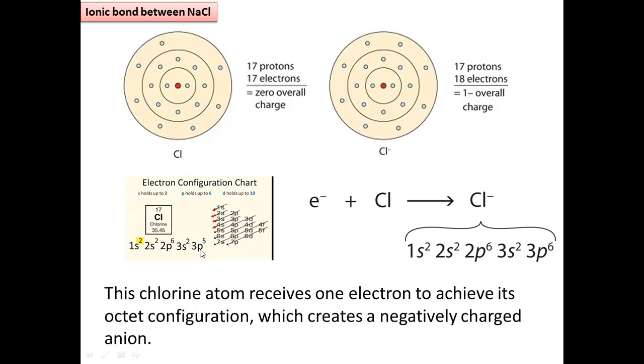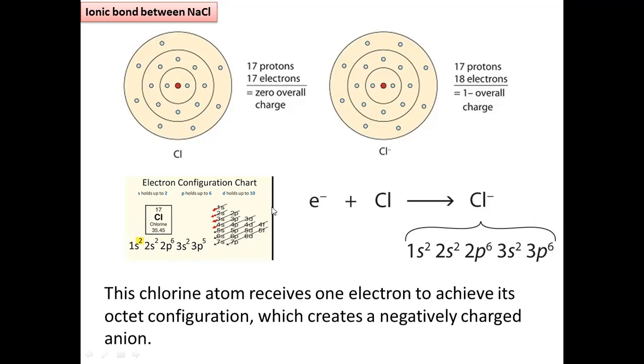Similarly, you can fill the electronic configuration: 1s, 2s, then 2p, 3s, and then 3p, so it ends with 3p. The first shell is 1s2, so it has 2 electrons. The second shell has 8 electrons, and the third shell has 7 electrons.